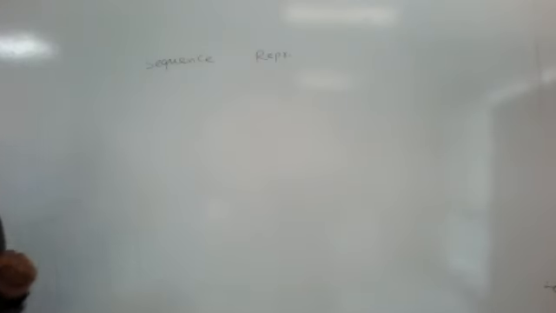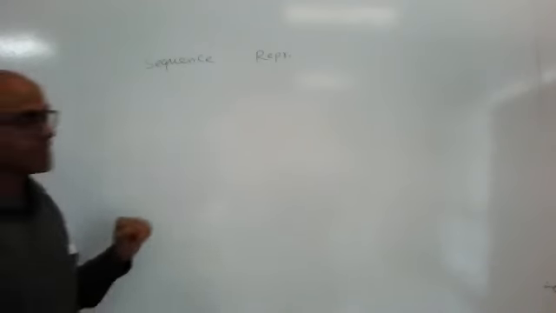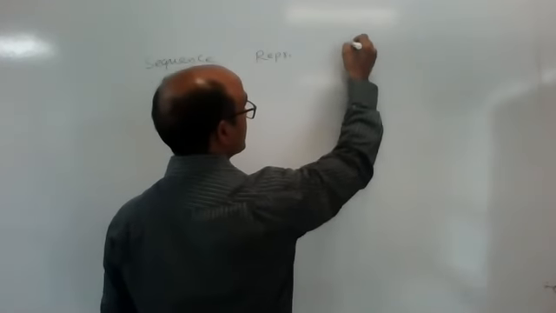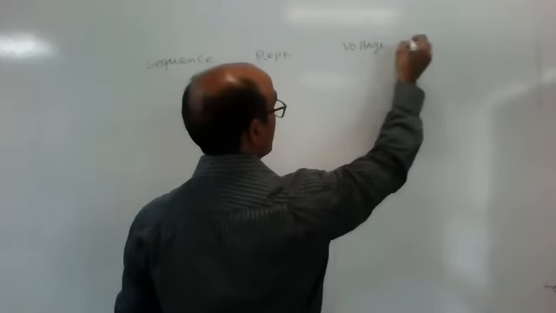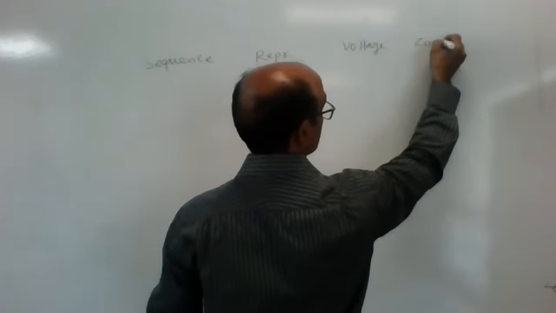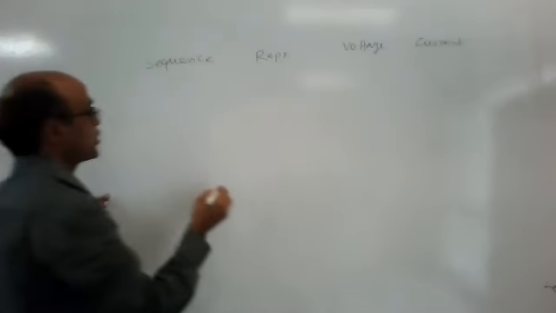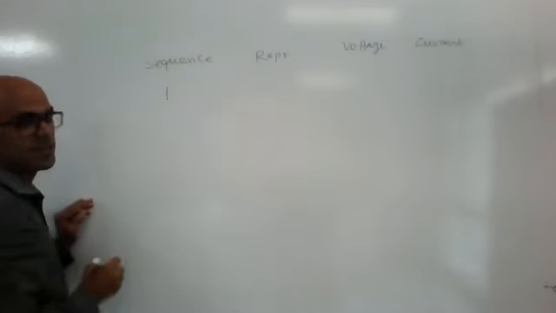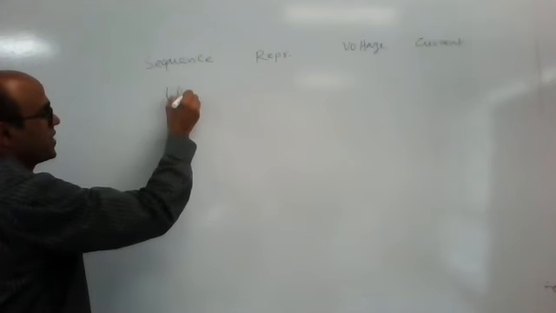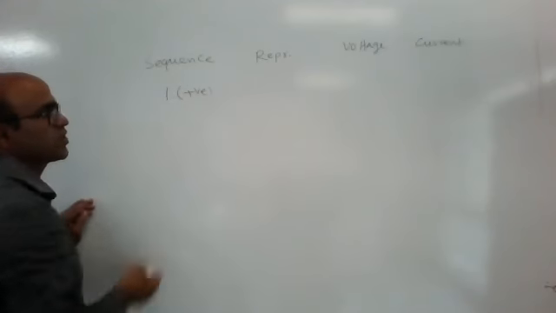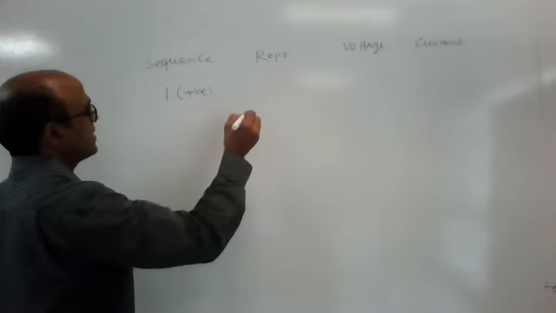How do I represent voltage and current? Sequence 1 means positive. When I am representing 1, it means positive sequence.